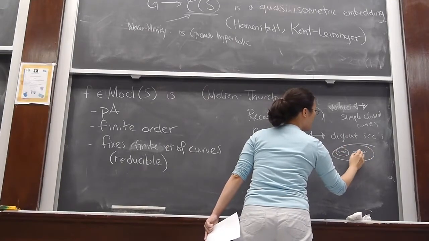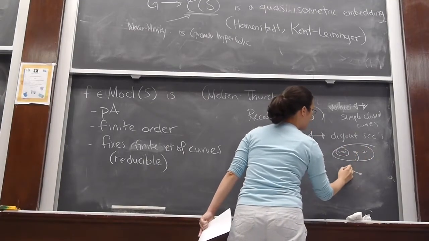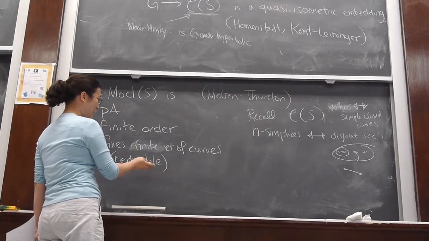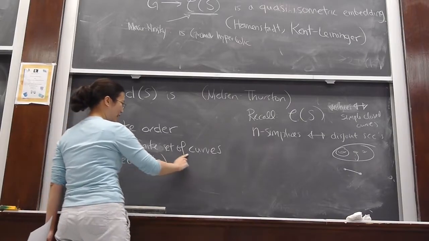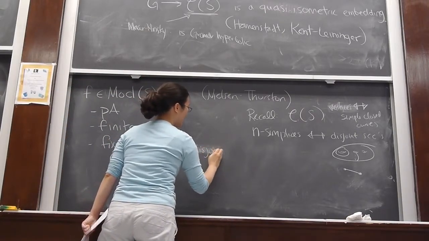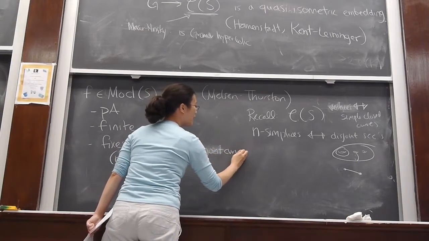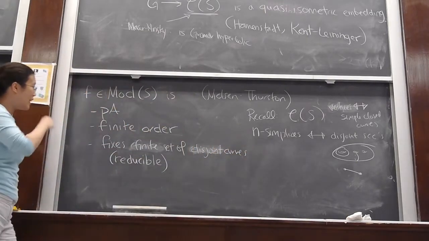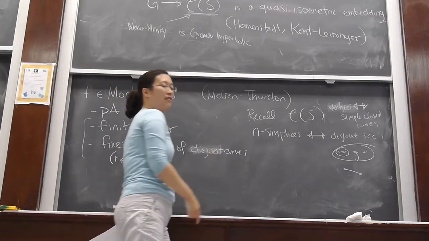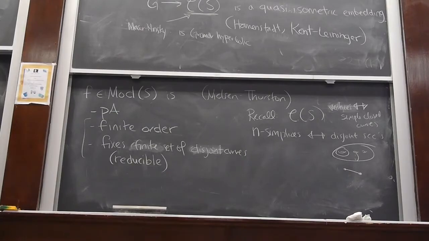This one and this one, maybe. There, that's a two-simplex in there. So in this definition, if it does fix a finite set of curves, and I can improve that, this is an exercise, you can make sure that they're disjoint curves. So immediately, you see that if you're not pseudo-Anosov, in either of these two cases, you will have a bounded orbit in the curve complex.